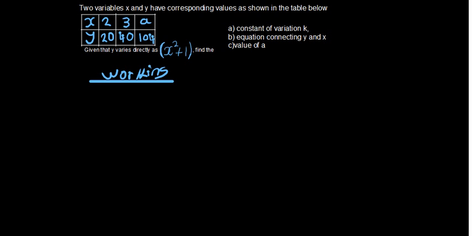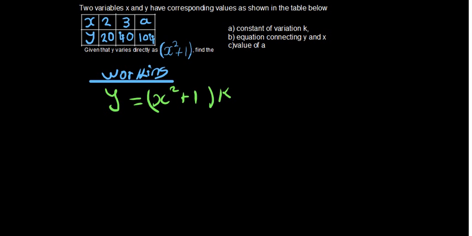Okay, so now we have been told that our y varies directly as x squared plus 1. That is what that means right there. And we should keep in mind that outside here we have a constant. So now the first question says for us to understand whether it varies inverse or direct.